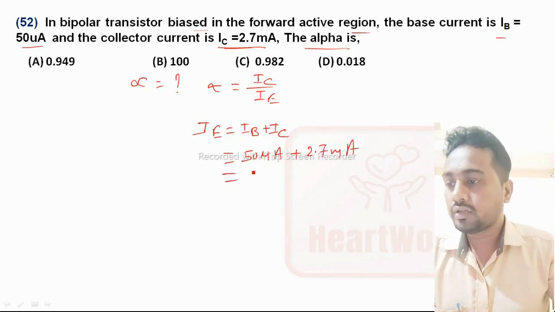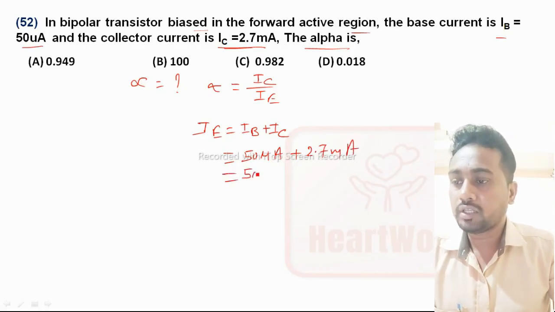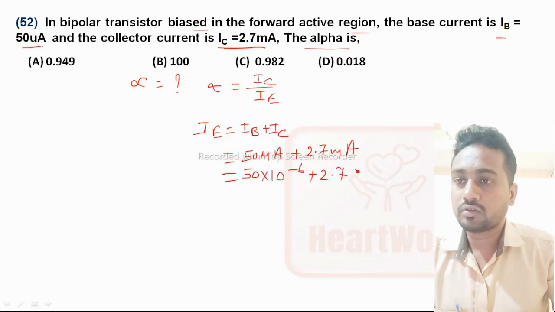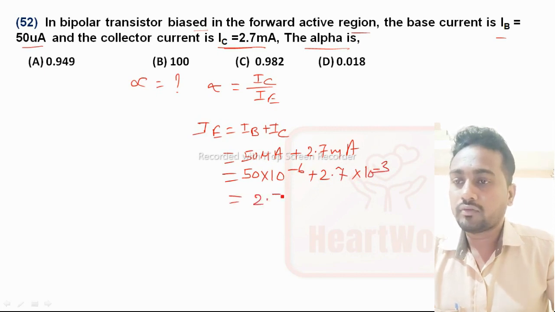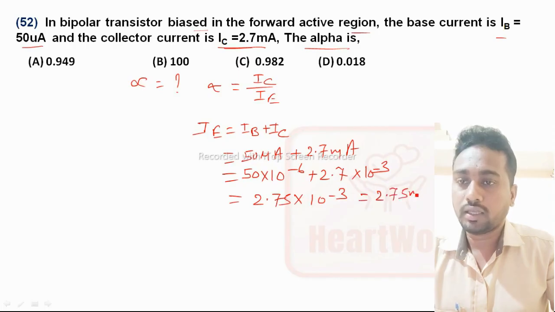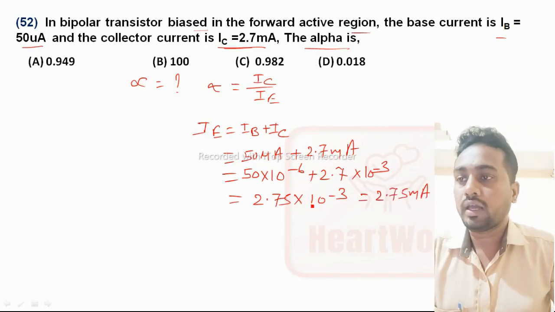So we can write 50 into 10 to the power minus 6 plus 2.7 into 10 to the power minus 3, which is 2.75 into 10 to the power minus 3, or 2.75 milliampere. Like this the Ie value will come.